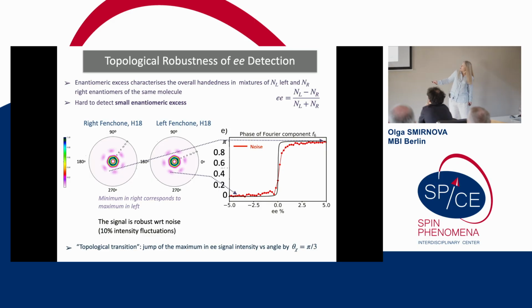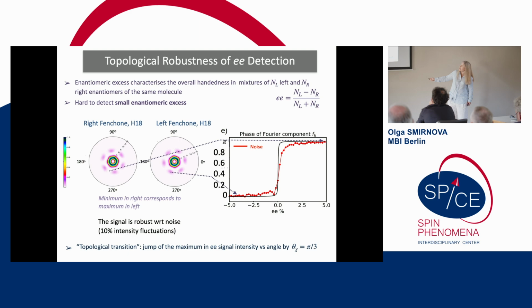If you look at the far field image, you have a right molecule and a left molecule, with a very similar picture. And if you look hard, where you have a maximum for the left molecule, you have a minimum for the right molecule. It means that there is a kind of pi phase shift between them.